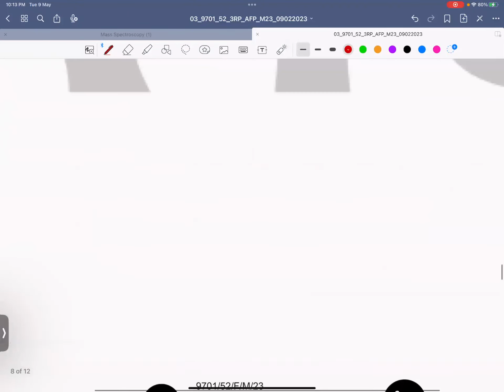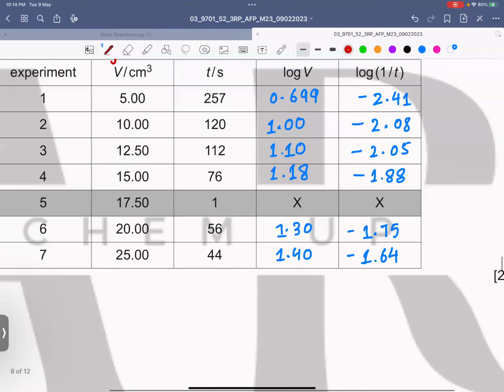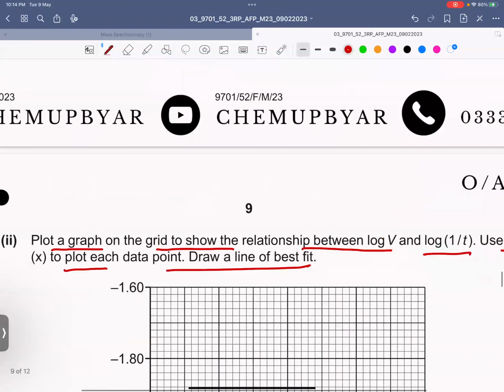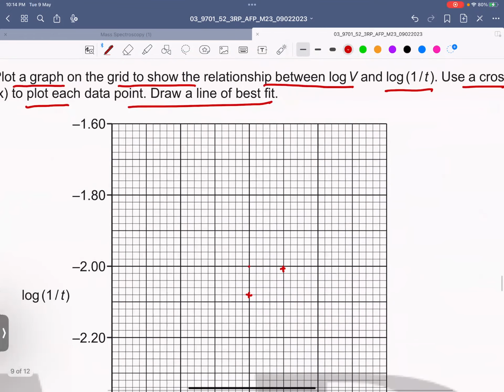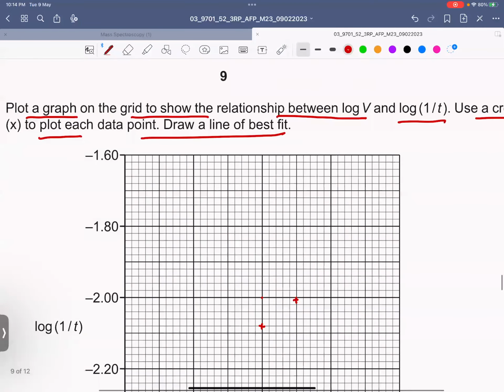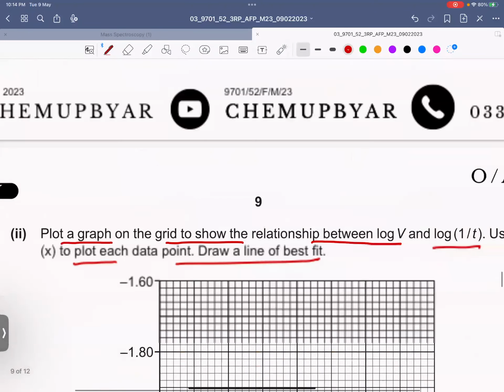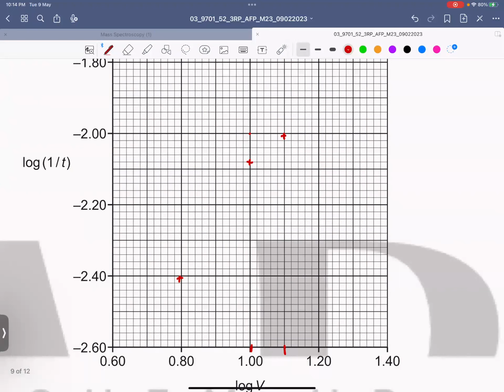Then 1.18 and minus 1.88, so it would be over here.